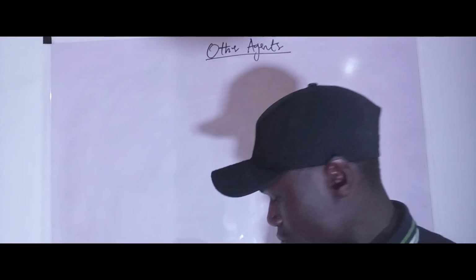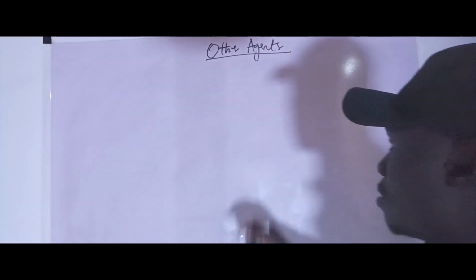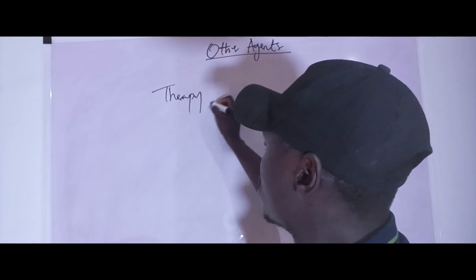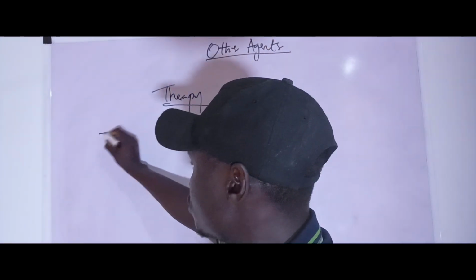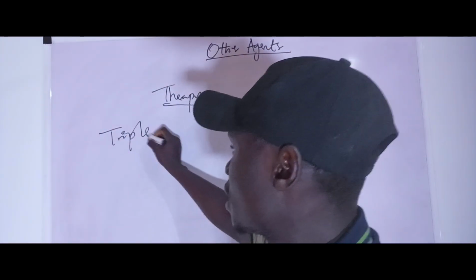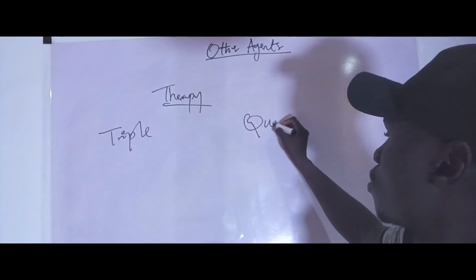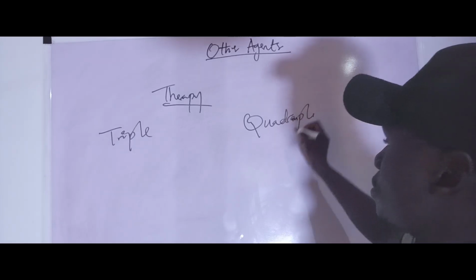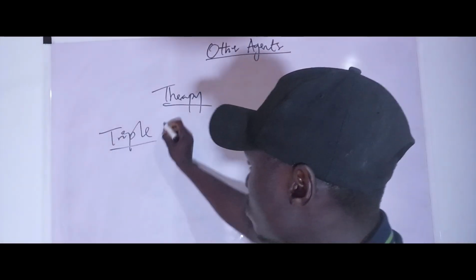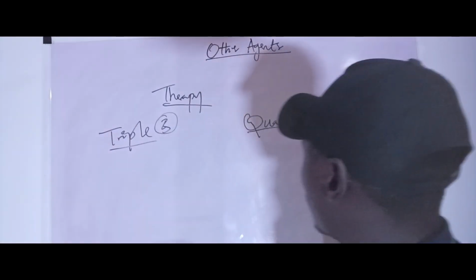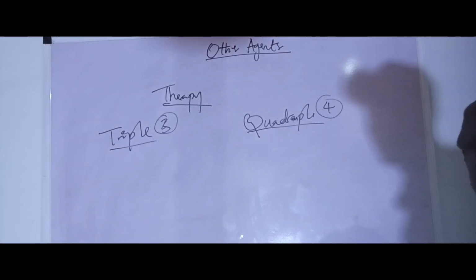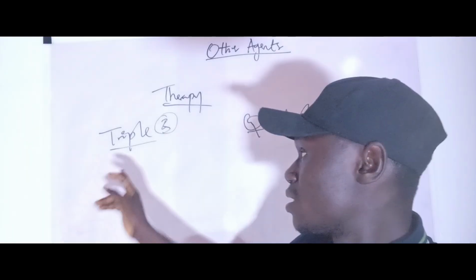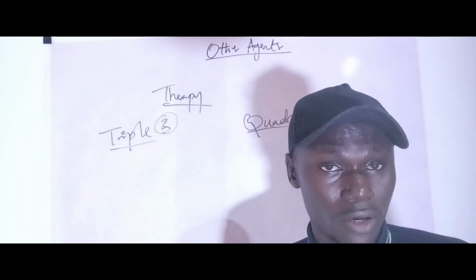So for the therapy, we have the triple therapy and the quadruple therapy. This one is 3, while this one is 4. You can remember the drugs in the triple therapy with cyclic AMP, which I believe you know from biochemistry.